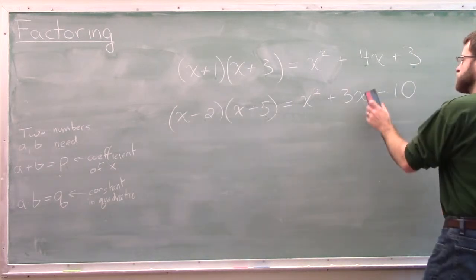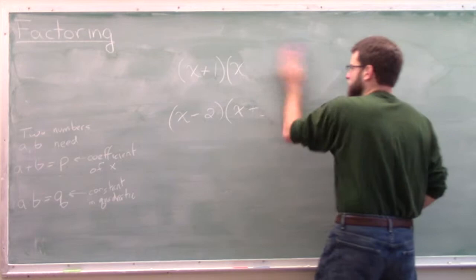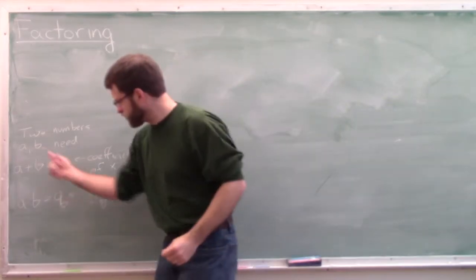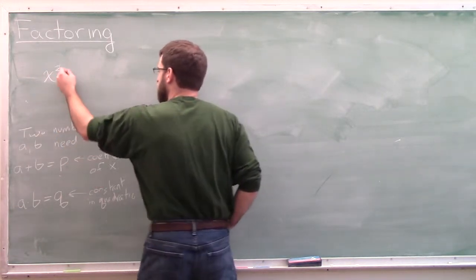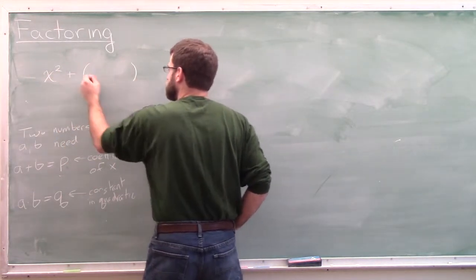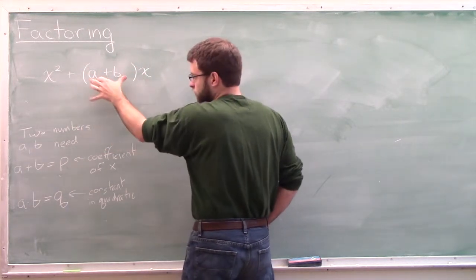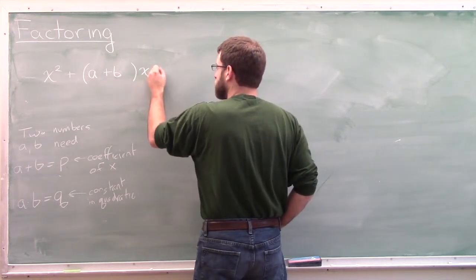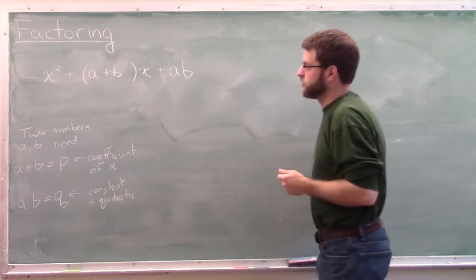Let's try to do this in reverse, and I'll write out the patterns that we're looking for over here, completely in terms of these conditions. So what we want to do is take our quadratic and think of two numbers, a and b, which together, when we sum them, give us the coefficient of x, and whose product gives us the constant term.